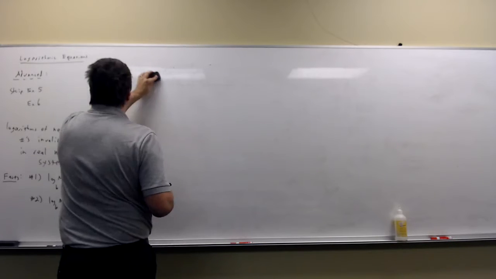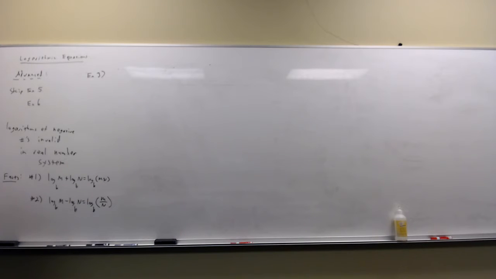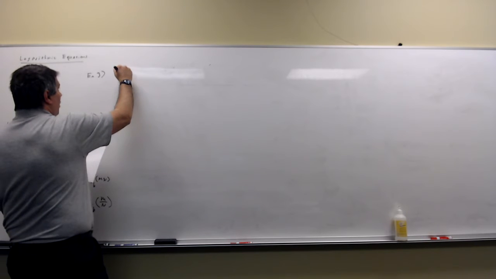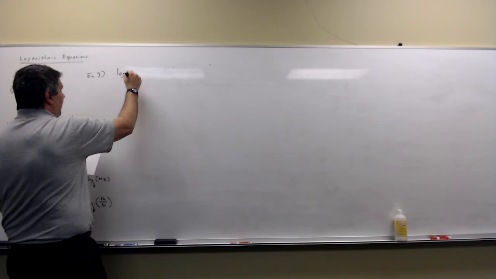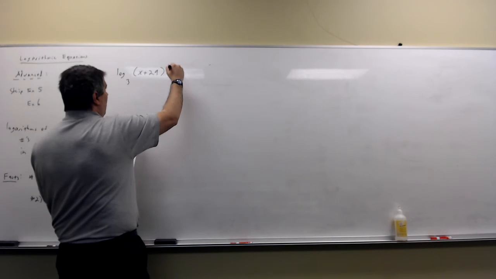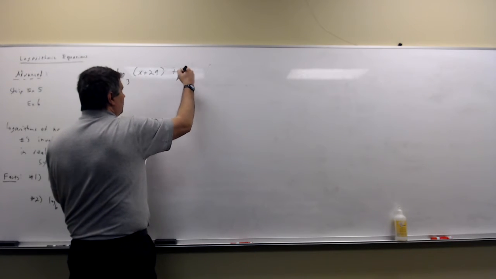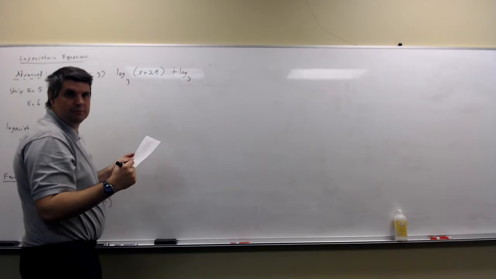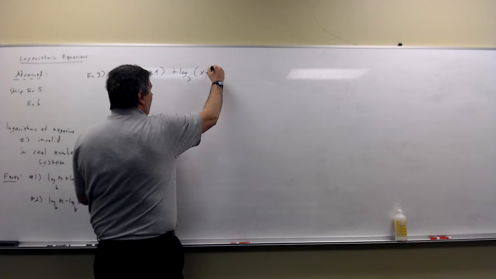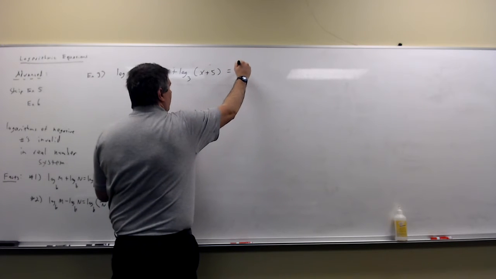Example 3: I have log base 3 of x plus 29, plus log base 3 of x plus 5, equals 4.